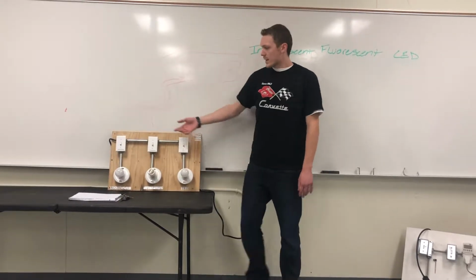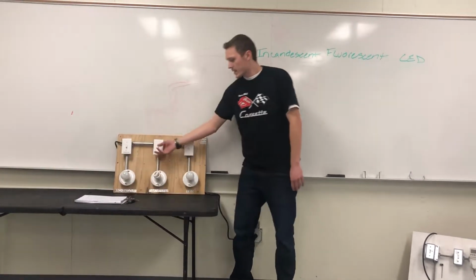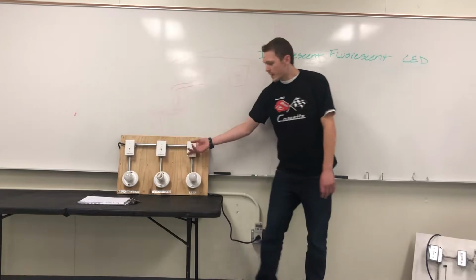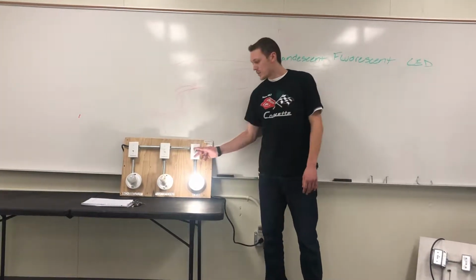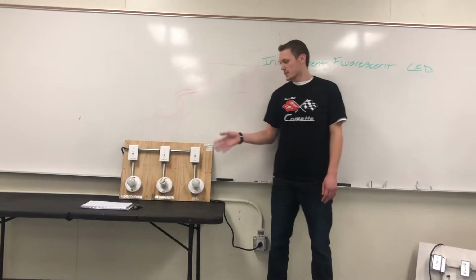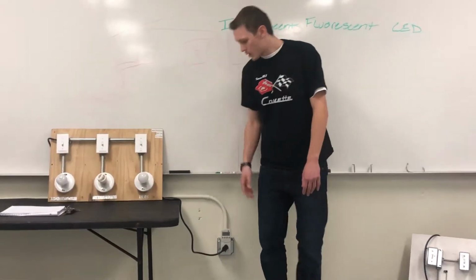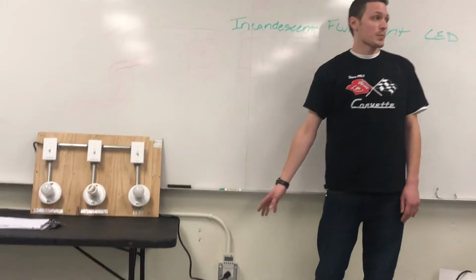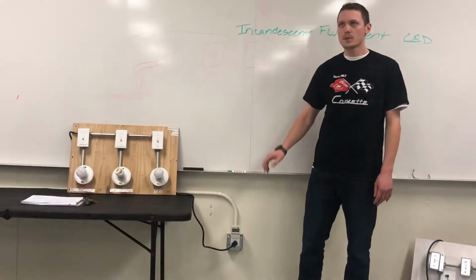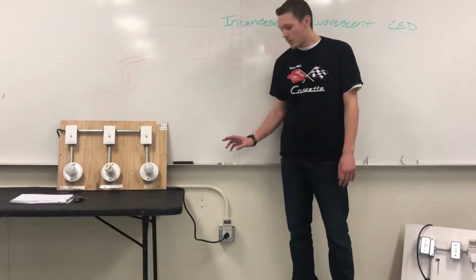So with that being said, I can turn on the incandescent light, the fluorescent light, and the LED light individually, or all at once, but that's not the point. They're all 40-watt lights. So we're going to look at this meter. It is a P4440 kilowatt meter.